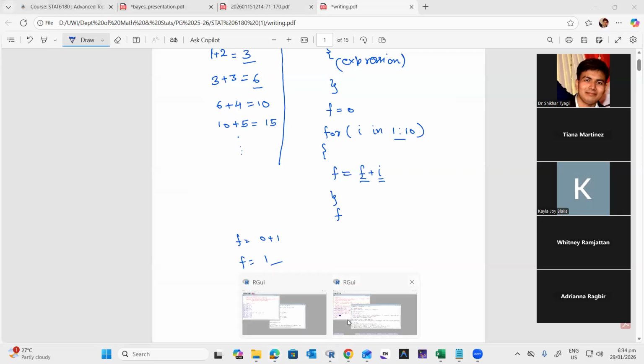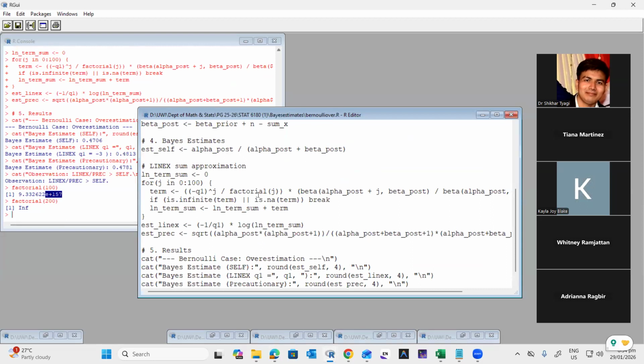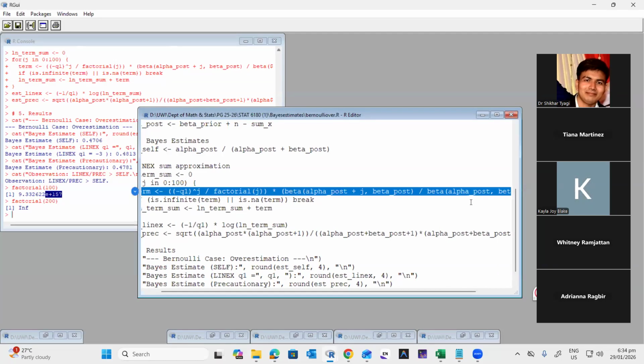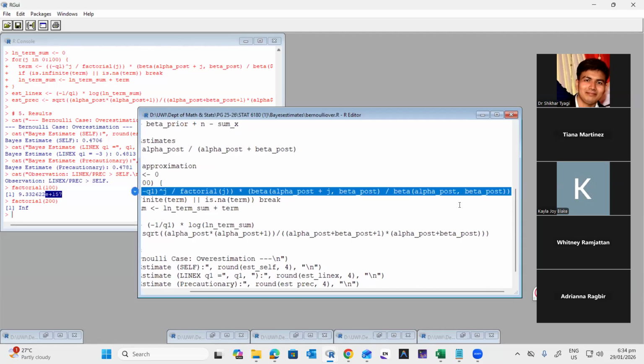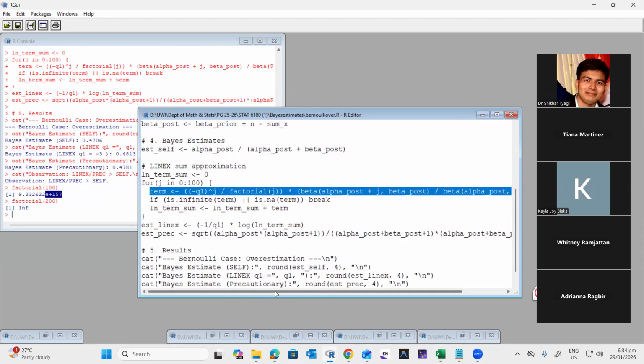So what we are doing here, we are introducing a log term that should start from 0. And here we are defining our summation term, the posterior estimate under the LINEX loss. In that one, we are using the if and break command.